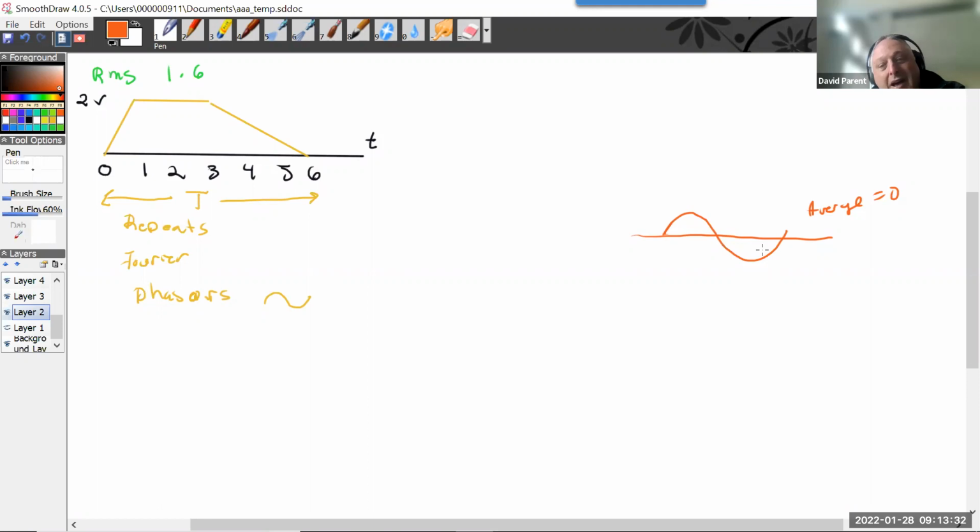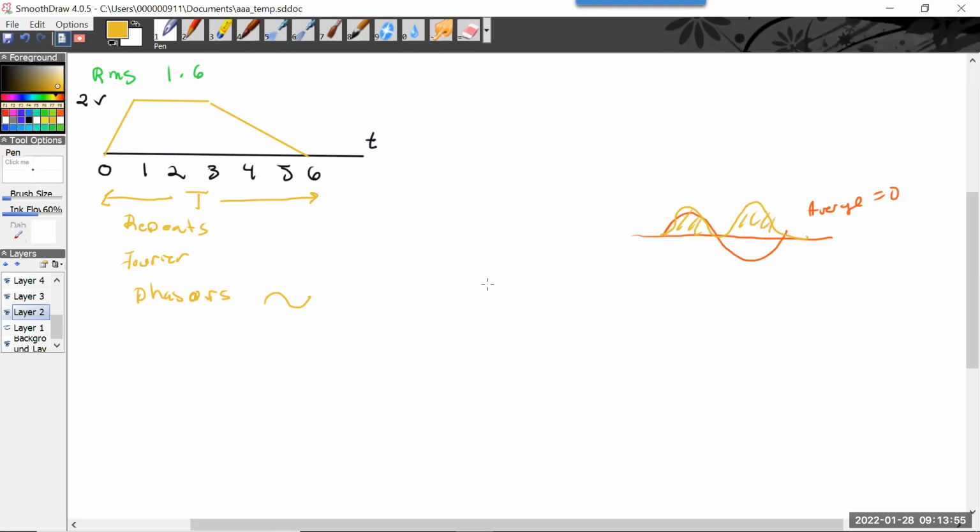Yeah, but the average power is certainly not 0, and you're going to hurt yourself very much. So in order to get a true average or a comparison, we have to square this, and then integrate over it and then average it, okay?